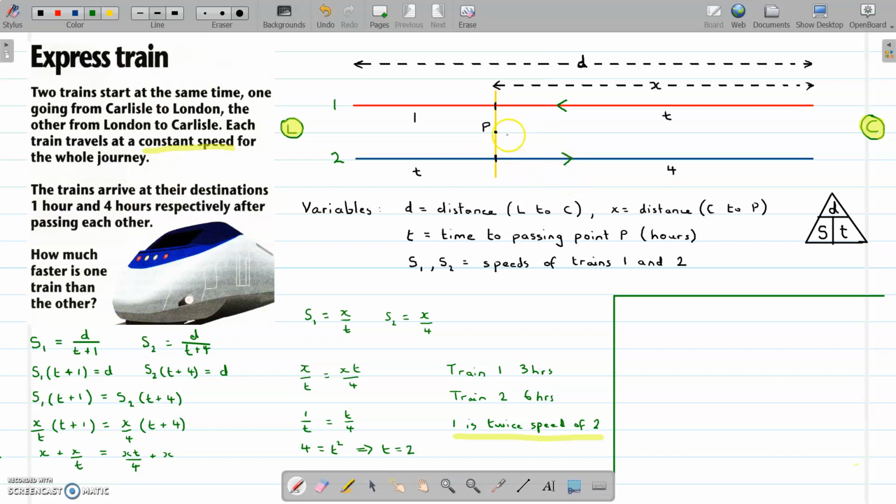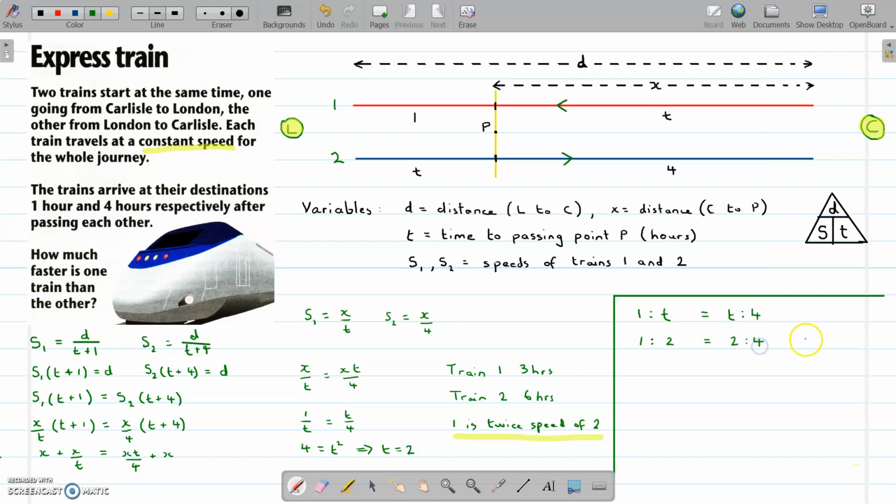Now, if we go by ratio, we would simply say that the ratio of 1 to t must equal the ratio of t to 4. Now, to get that to happen, the ratio we need is 1 to 2 equals 2 to 4.